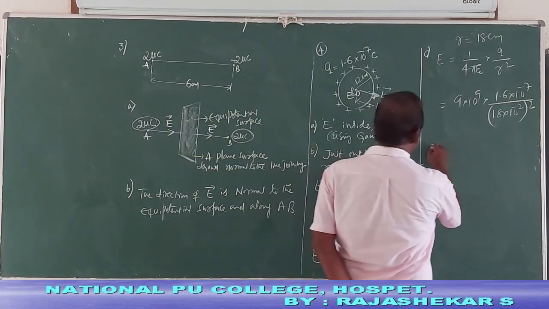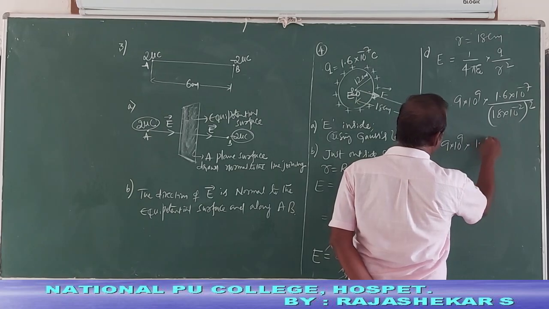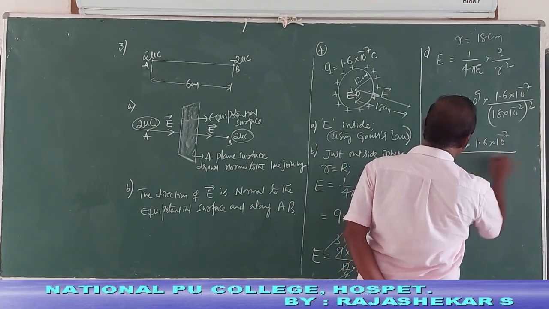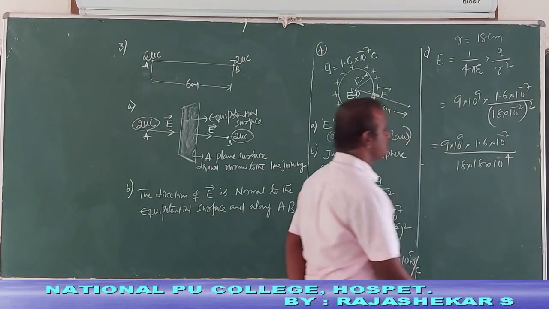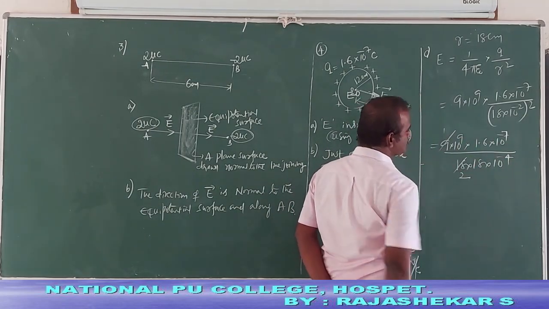This is 9 into 10 to the power 9 into 1.6 into 10 power minus 7 divided by 18 into 18 into 10 to the power minus 4. This is 9 one times, 9 two times.